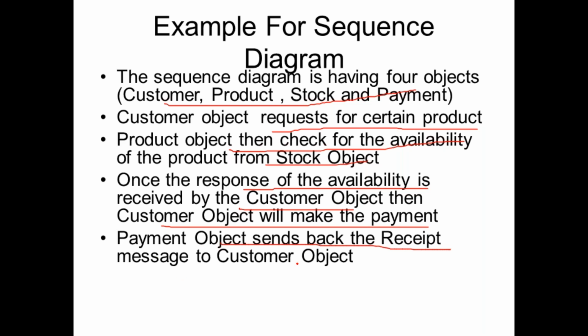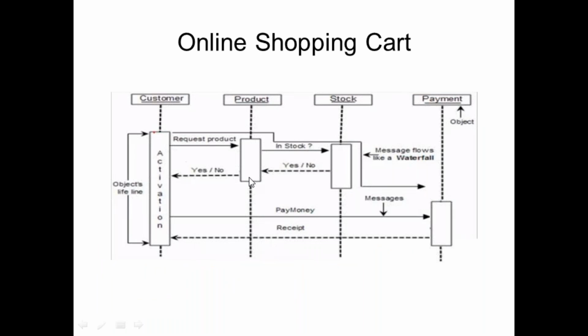Payment object sends back the receipt message to the customer object about the response. So that's the sequence that is defined in the sequence diagram. So this is the sequence diagram. These are the different objects taking part in the interaction.